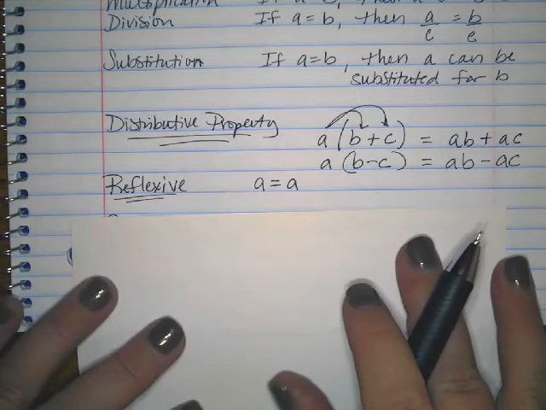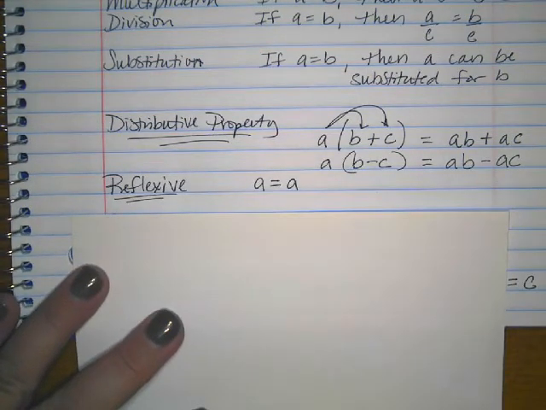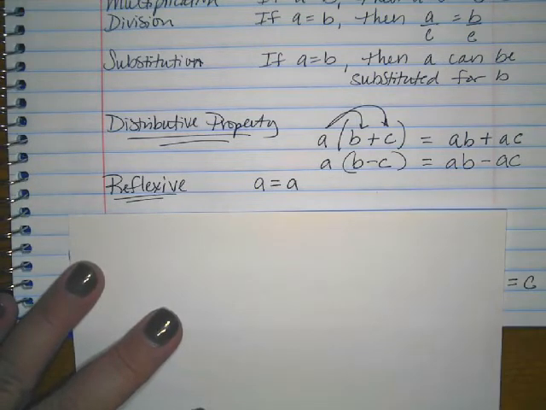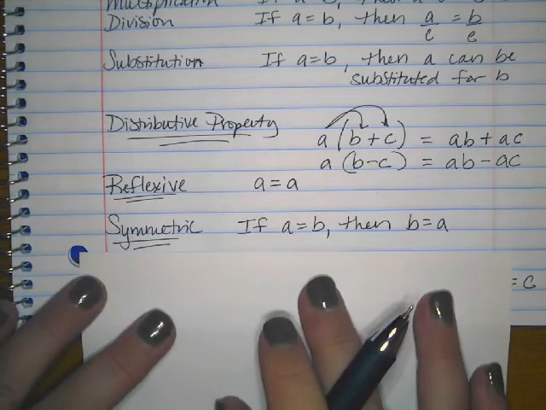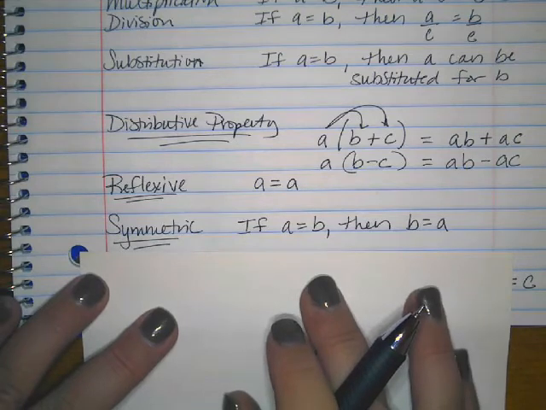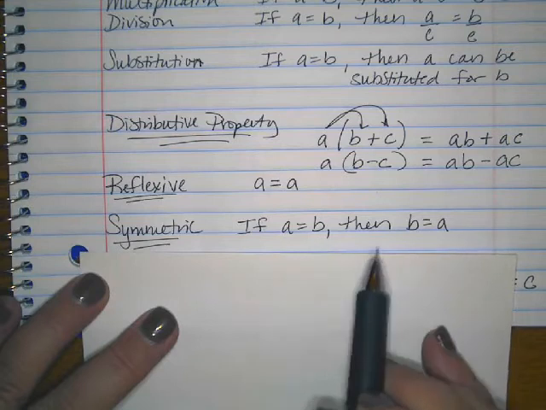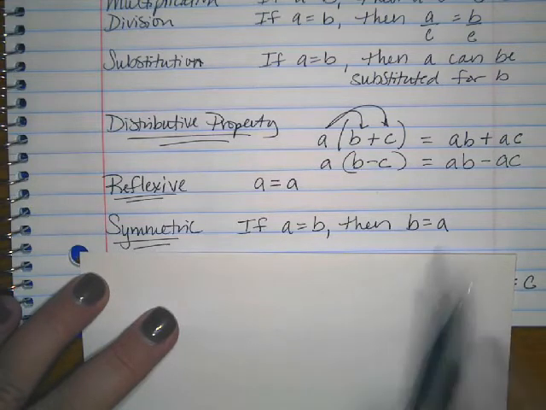The next one is called the reflexive property, and the reflexive property just states that A is equal to A. Seems like a silly thing, but again, for our proofs, we're going to need it in some of our justification steps. The next one is the symmetric property, and it says that if A equals B, then B also equals A. It's just flipping them.